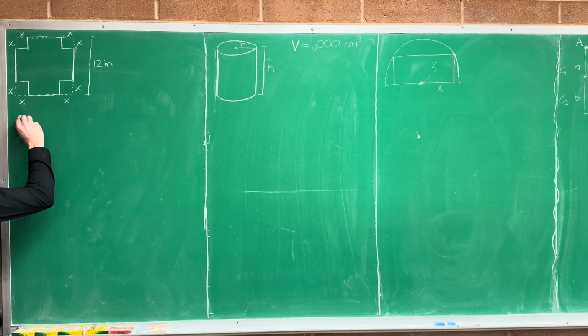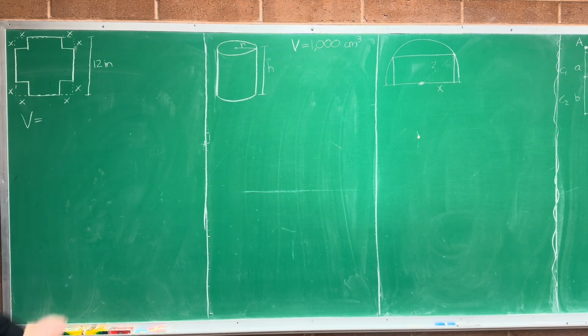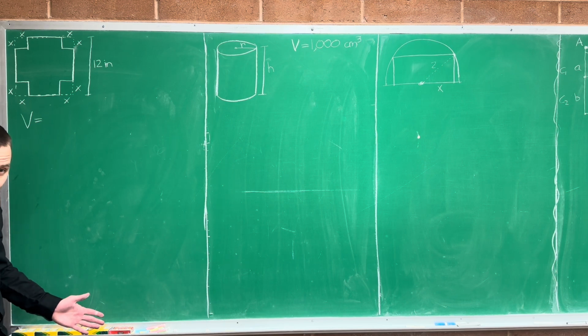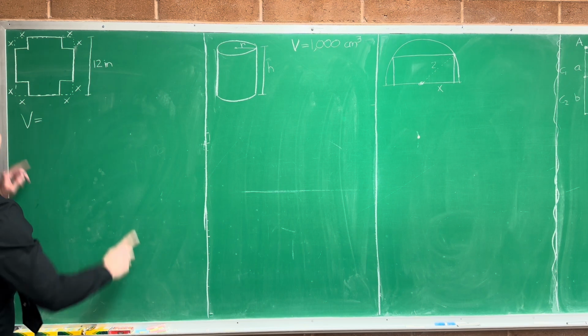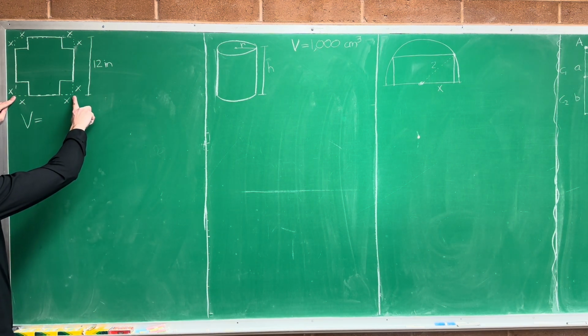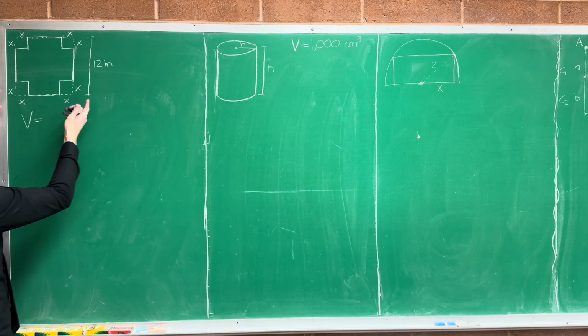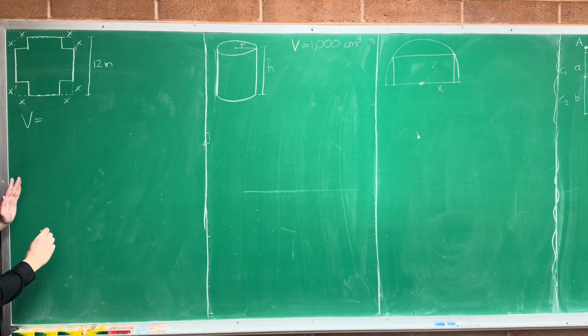So first off, we need to find the volume of the box as a function of x. What is the volume of a box? Length times width times height. What is the length of the box? 12 inches. Well, I'm going to fold those up.